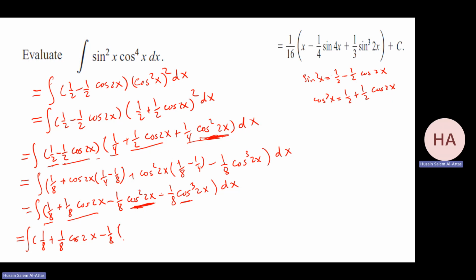This one, I will do the double angle idea again: minus 1 over 8, half plus half cosine of the double angle of this, which is 4x. Okay. This one is minus 1 over 8. This cosine cube, since the power is odd, I can make it cosine square 2x times cosine 2x, all this dx.